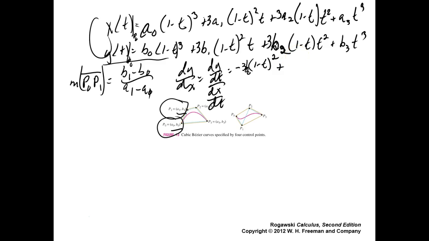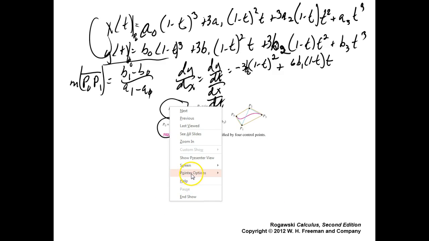Would that be 6b1? Yeah, it's going to be 6b1 times 1 minus t times t. You got a product rule here, right? And you got another plus, and then you got a minus. Ooh, I hate this. I'm just going to have to look ahead.